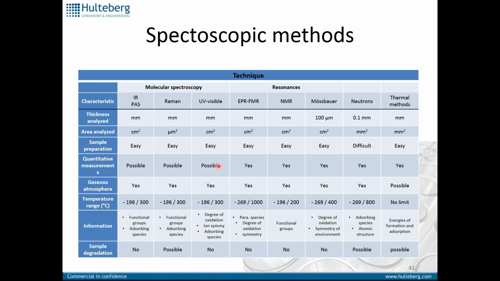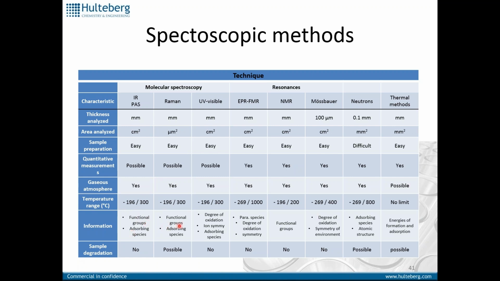Some of these are possible to do quantitative measurements, and some definitely. Then for some of them you can change the gaseous atmosphere, meaning having something that resembles a reaction atmosphere around the sample. Then you have temperature ranges, and here's the information you get.